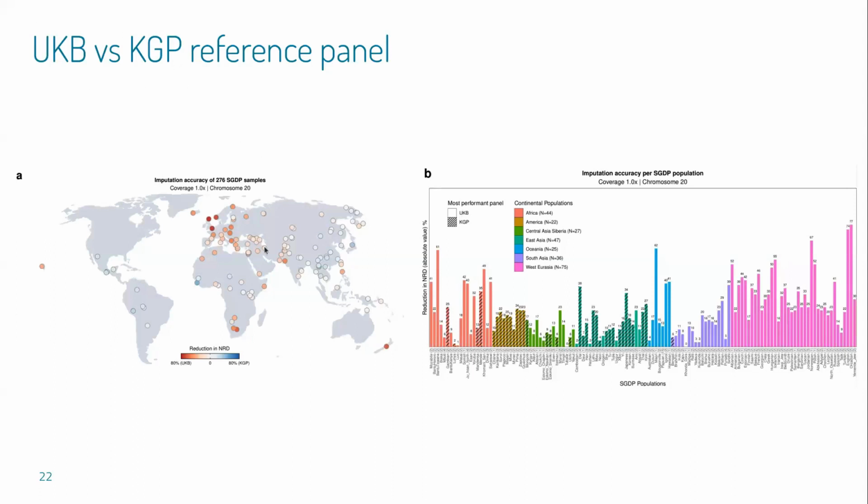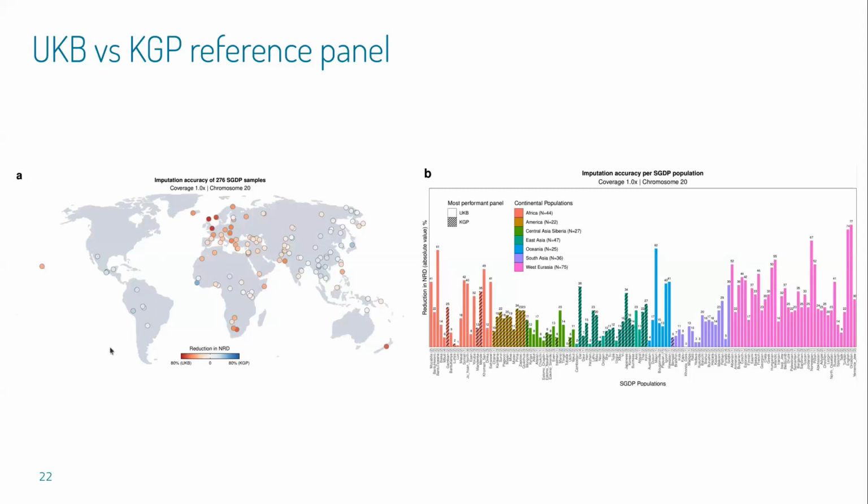Overall, what we see is somewhat what we expected. The UK Biobank reference panel performs better than the 1,000 Genomes reference panel for European samples, here denoted in red, especially for Northern European samples, of course, English and Scandinavian ancestry. The 1,000 Genomes reference panel actually performs better for populations that are not well represented in the UK Biobank but are represented in 1,000 Genomes.